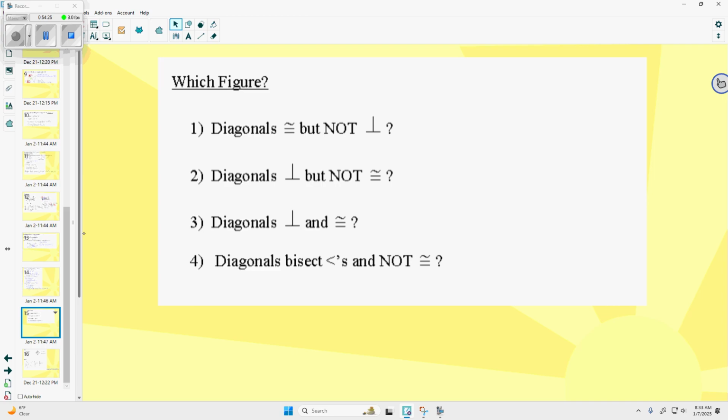After the first one? Yes. When are the diagonals perpendicular? When are the diagonals perpendicular? Okay. When are they congruent? Okay. So this number, or the second one, says they have to be perpendicular like a rhombus, but not congruent.